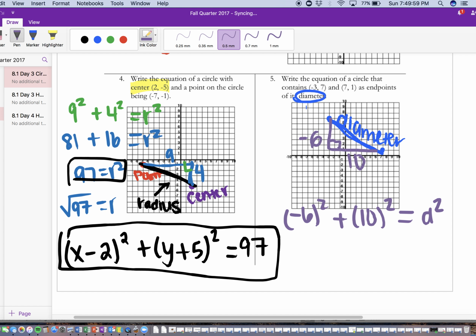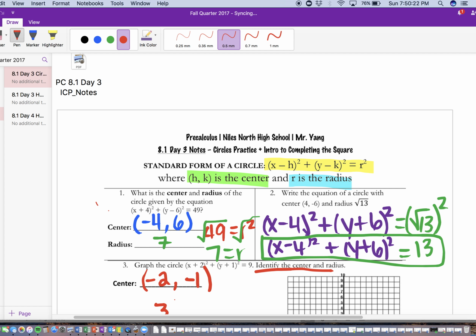So negative 6 squared is 36. 10 squared is 100. Add these together, I should get my diameter squared. So 136 is equal to the diameter squared. Well, I'm not interested in the diameter squared. I'm not really even interested in the diameter at all, because remember in our equation, we need to have the radius.